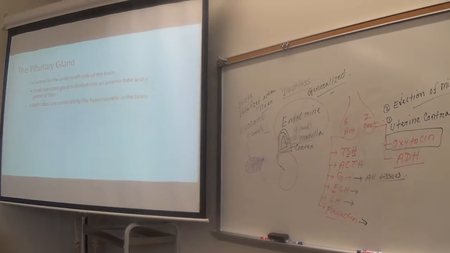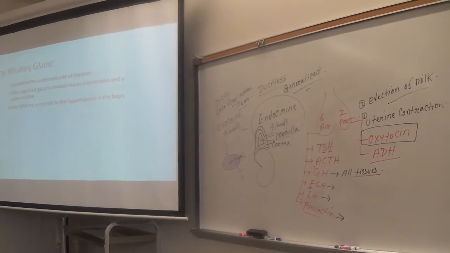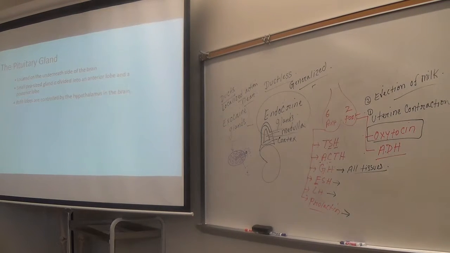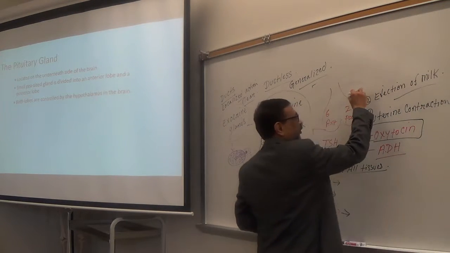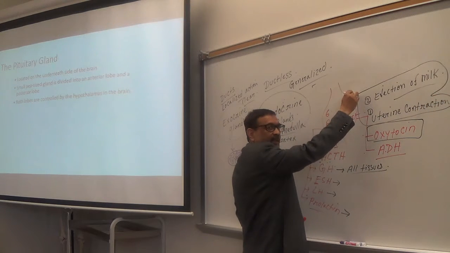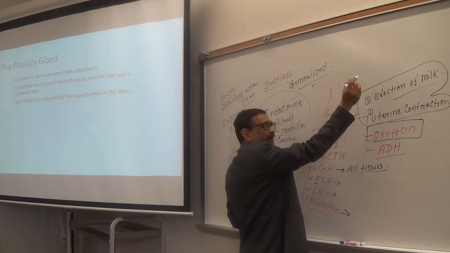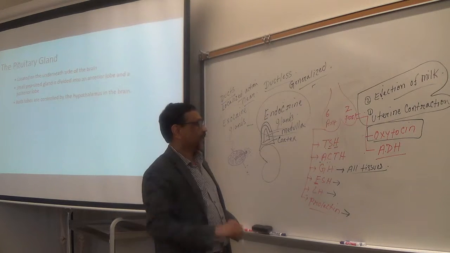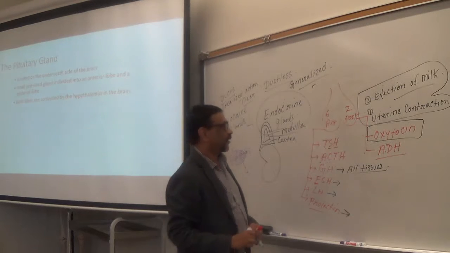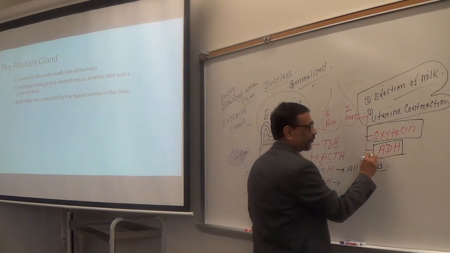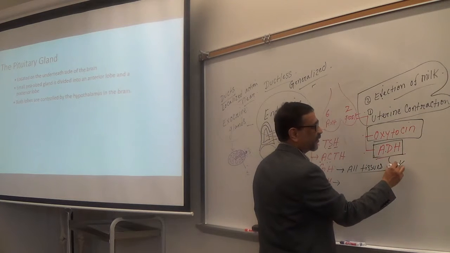So don't forget that. Those are two very important functions of oxytocin: uterine contraction that helps in childbirth, and ejection of milk to feed the baby. ADH, what's of kidneys?